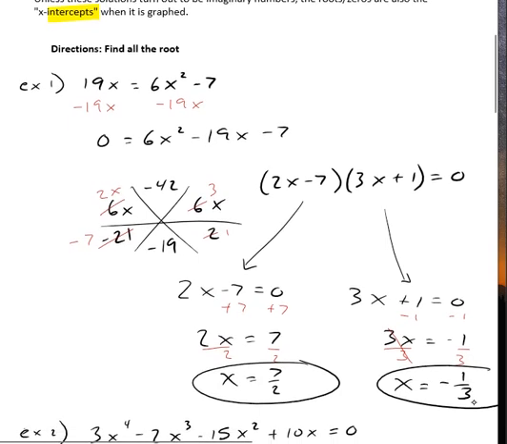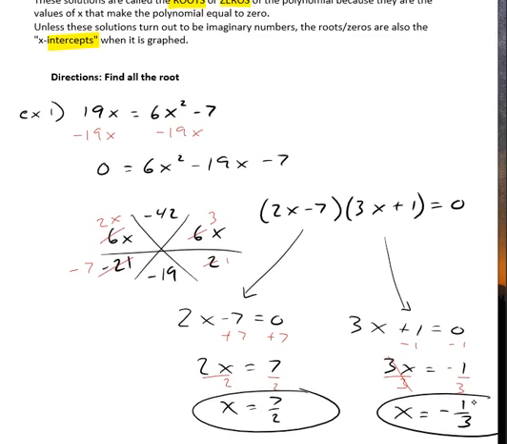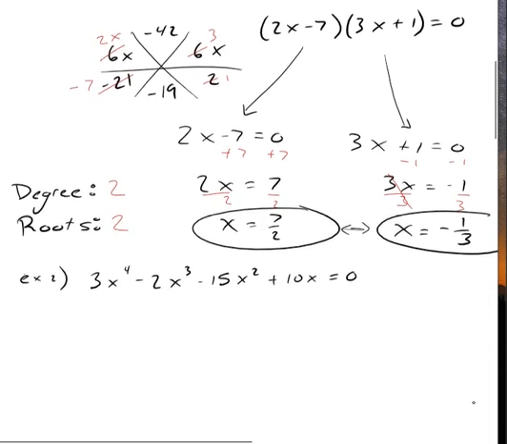So I have 2 solutions here. A quick recap: my degree, which means my highest exponent here, was a 2. And notice that I had a total of how many roots? 2. So those numbers match. Let's go to the next example.